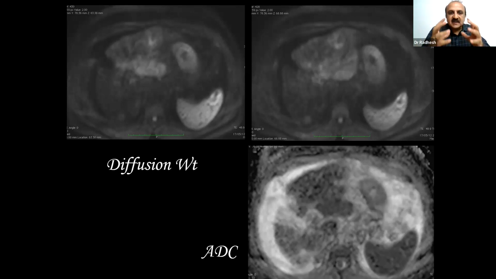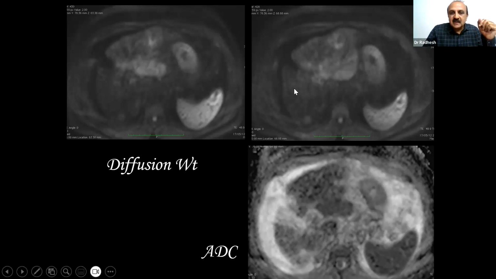The moment there is increased cellularity, these hydrogen protons get very little space to move around between the tumor cells. This causes restriction to the movement of hydrogen protons, which we capitalize on and do a diffusion weighted sequence so the tumor stands out.